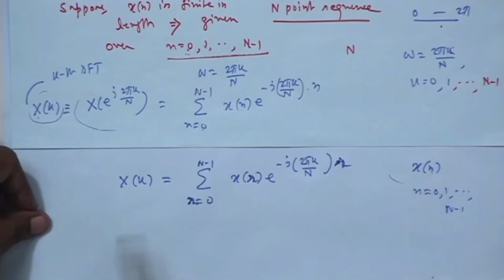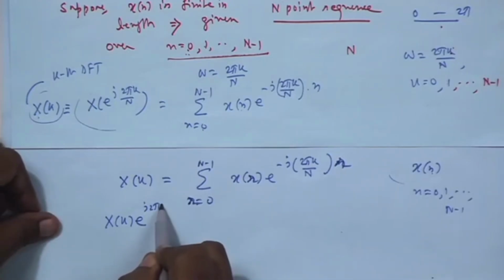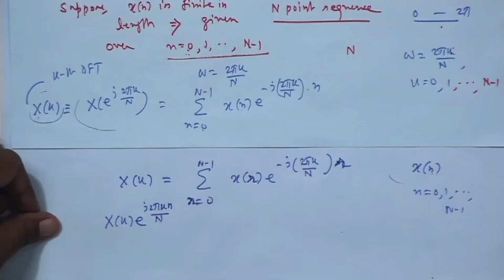Once n is known, on the left hand side I multiply by e to the power j 2 pi k n by capital N, the same k.